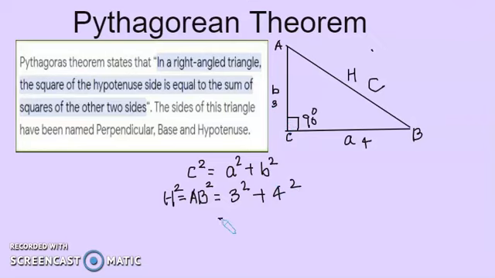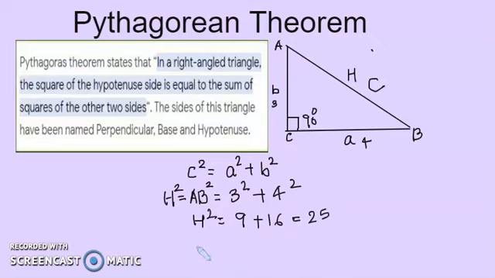Now if you solve it further, 3 square is 9 and 4 square is 16. So hypotenuse square is 9 plus 16, which is equal to 25.